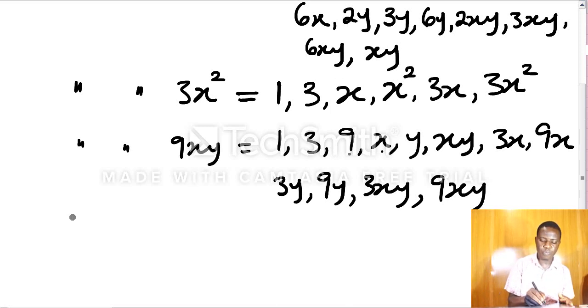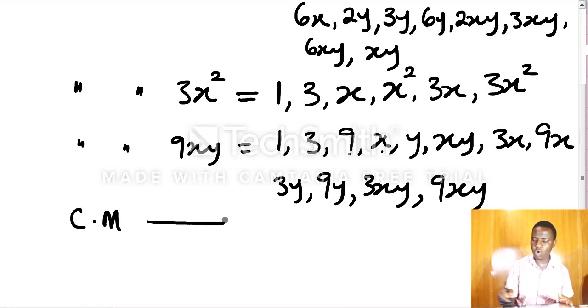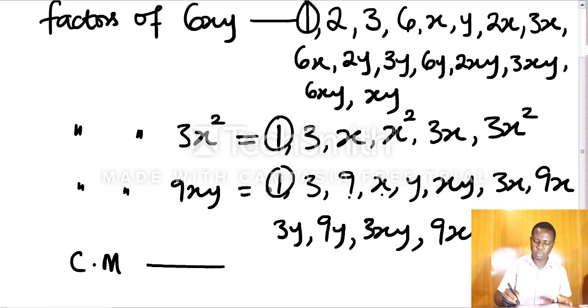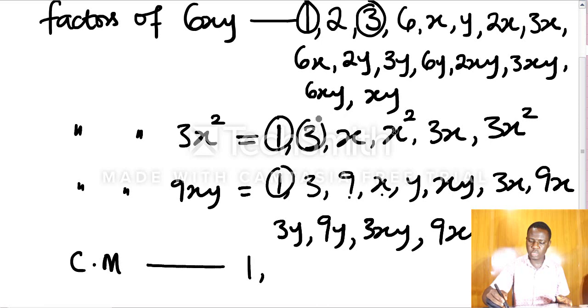Next is to look for the common factor, and the common factor of these three includes 1 is common, so I'll circle them. That is 1. Do we have 3? We have 3 here. There's also 3, and there's 3. So 3 is common.